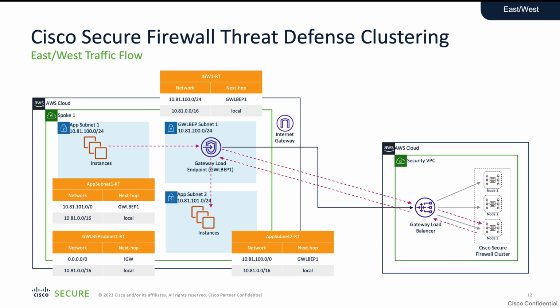After inspection, the return traffic follows the same path back through the gateway load balancer and gateway load balancer endpoint, and finally to the instance that is in subnet 2, right? Again, here node 3 was handling the traffic. If node 3 fails and becomes unhealthy, the gateway load balancer automatically redirects the traffic to another healthy node in the cluster. In this case, node 2 is handling it, right?